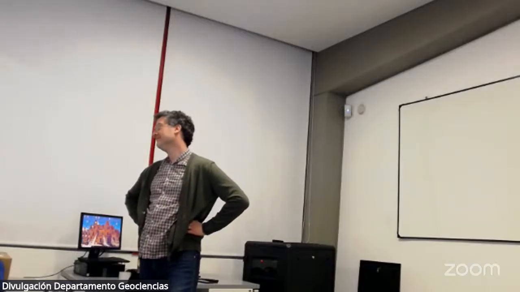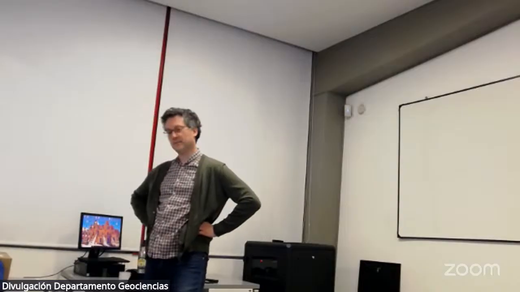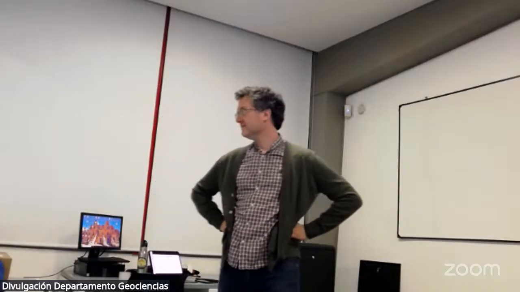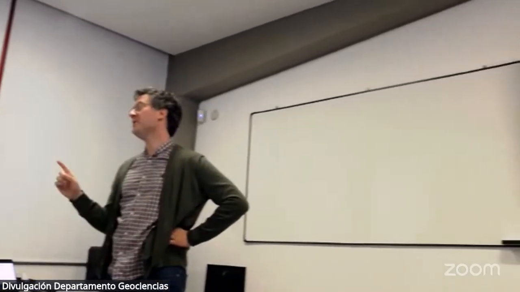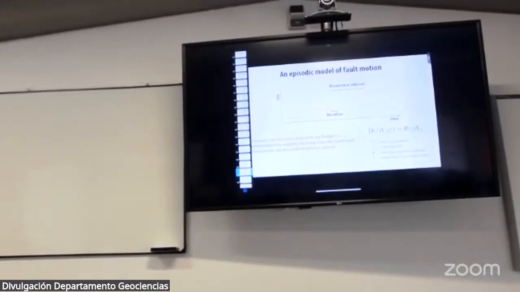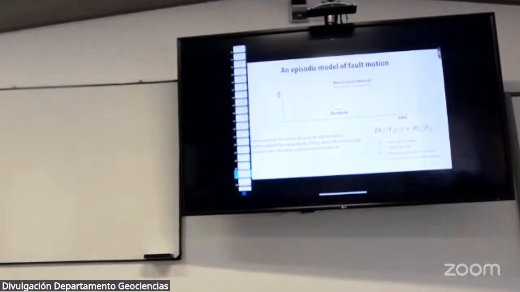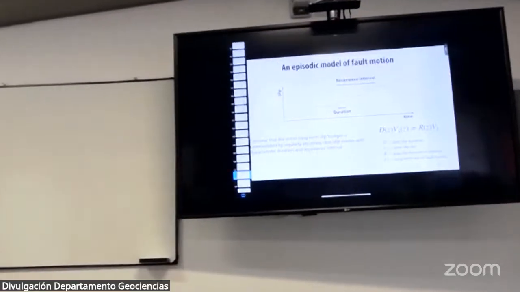As you go deeper, your duration gets shorter, meaning that the recurrence interval gets shorter. It also gets shorter, which is not what you would expect. Right? So if you go down, what you would see is just too many little steps that it becomes continuous, like we expect creep to be.